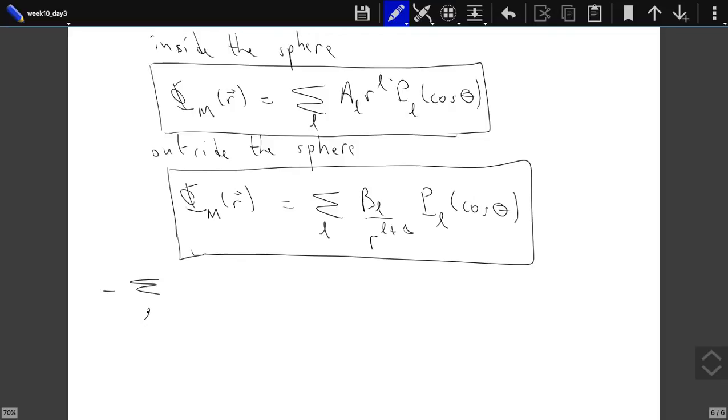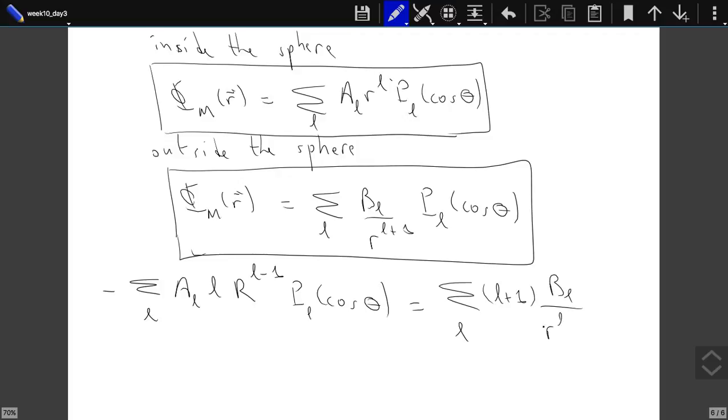So minus sum over L, A_L L r^(L-1) P_L of cosine theta. This should be equal to sum over L, (L+1) B_L over r^(L+2) P_L of cosine theta. These are the derivatives on the boundary. Well, Legendre polynomials, we had said that they are complete, they are orthogonal.